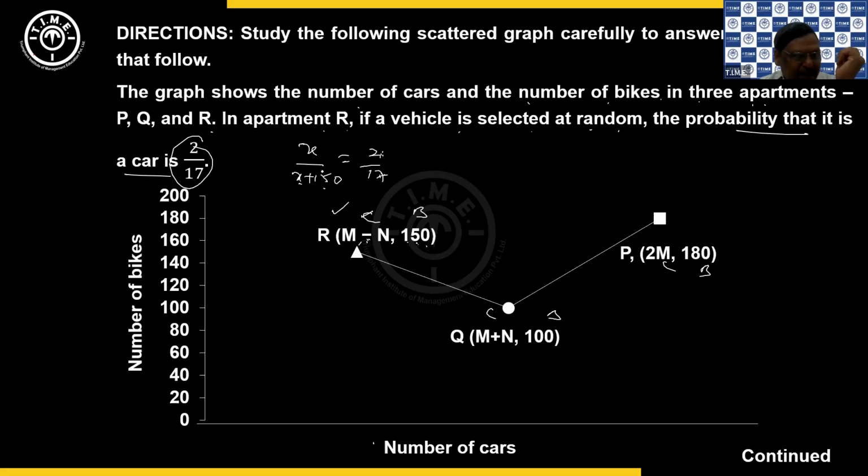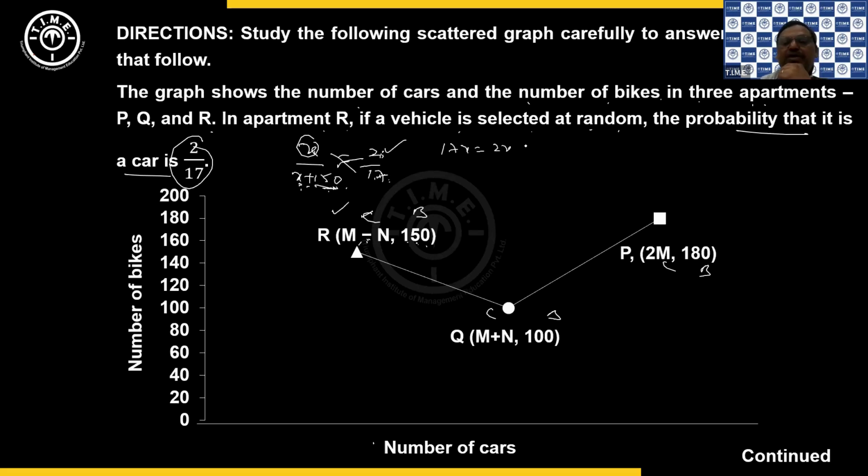X and X plus 150, the 150 gap means 15 shares are 150, 1 share is 10, 2 shares are 20, 17 shares are 170, means X is 20, total is 170. That is the logical way, right? So X is 20, so 20 plus 150 is 170. Tallied or not?